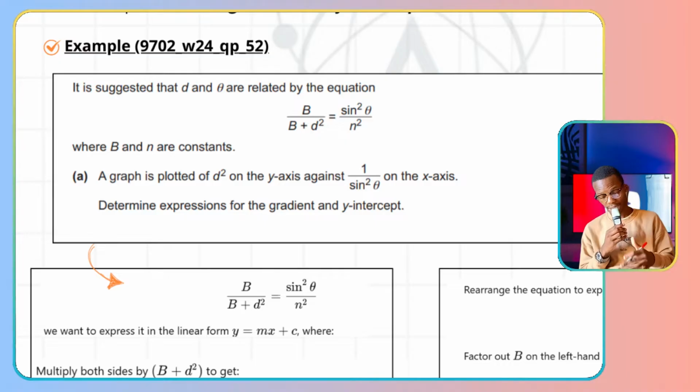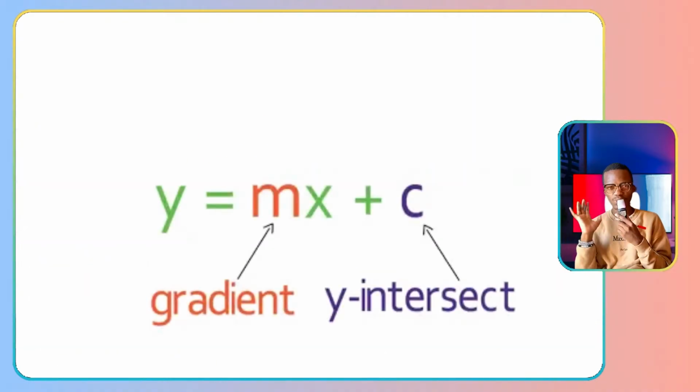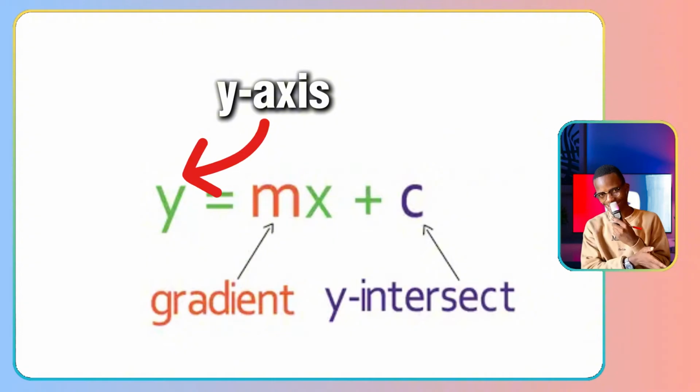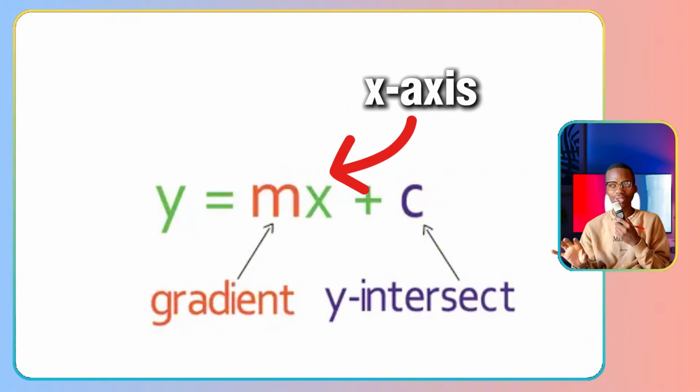What you're supposed to do is express it in the form y equals mx plus c. If you look at this, we have b over b plus d squared, and our goal is to express it in that form. The y is whatever goes on the y-axis, and the x is whatever goes on the x-axis.